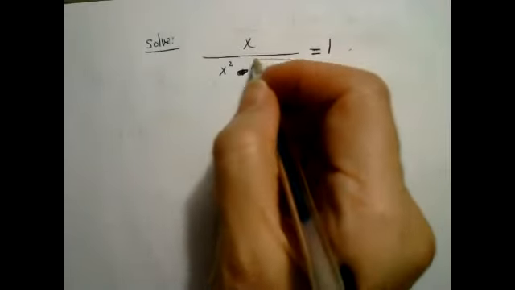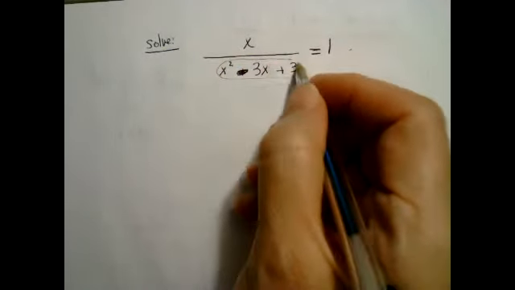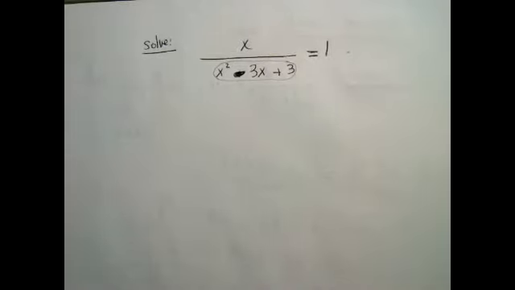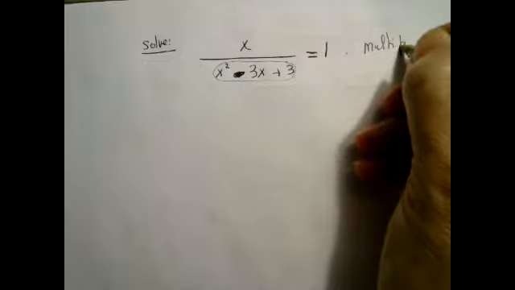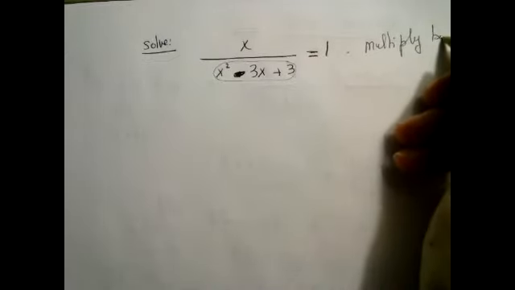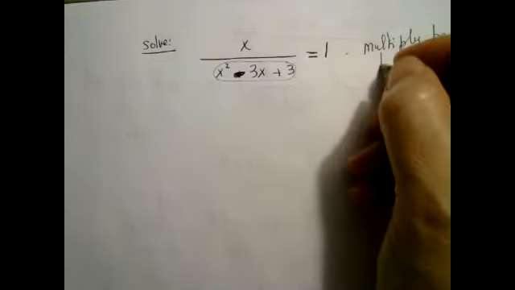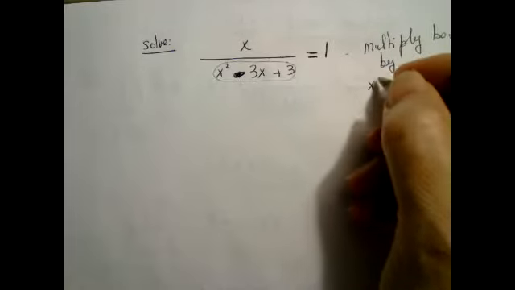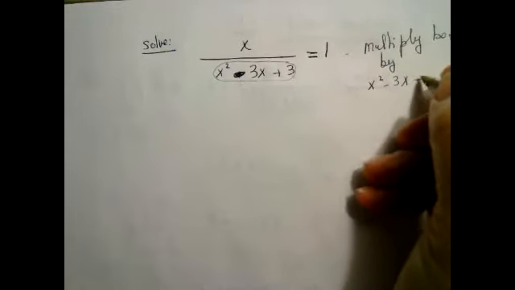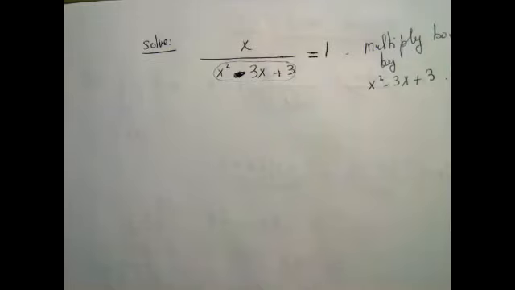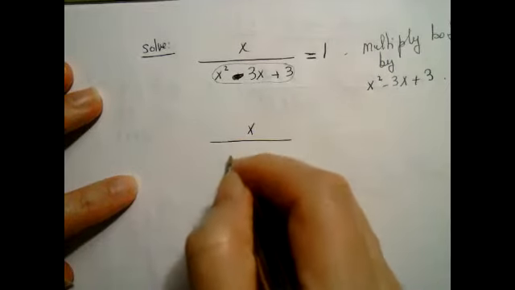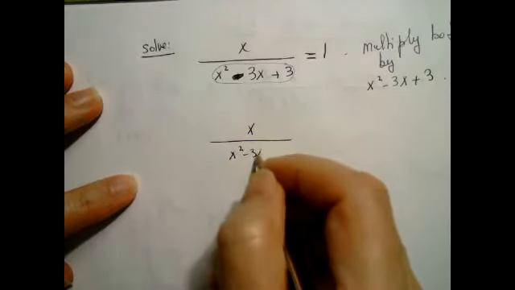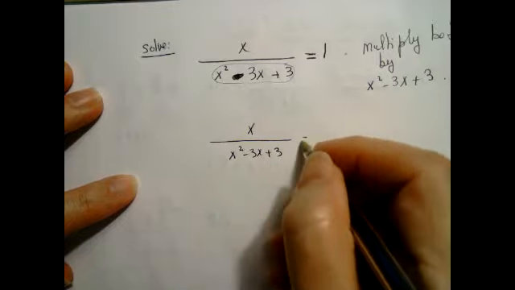Okay, this looks awful because I have this denominator, right? So what are we going to do? I'm going to multiply, as simple as that. Multiply both sides by the denominator. So we will make the problem easier for us. It means I have that equal to 1.